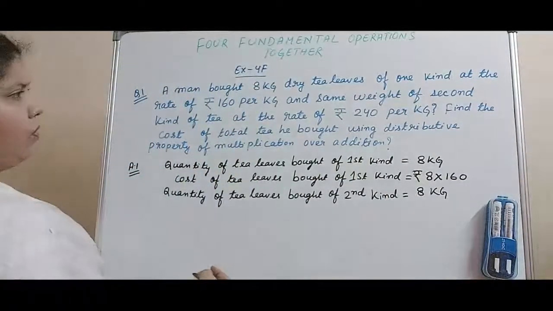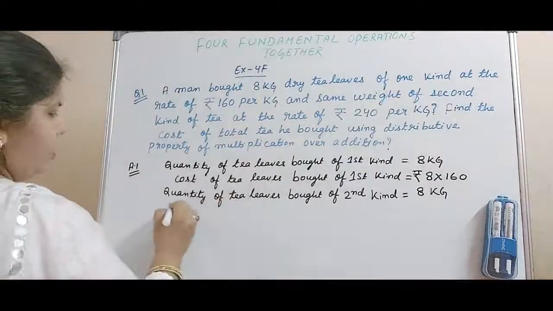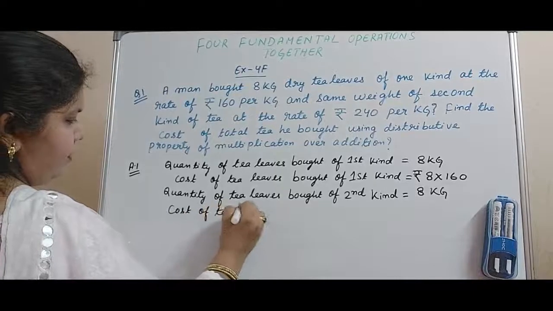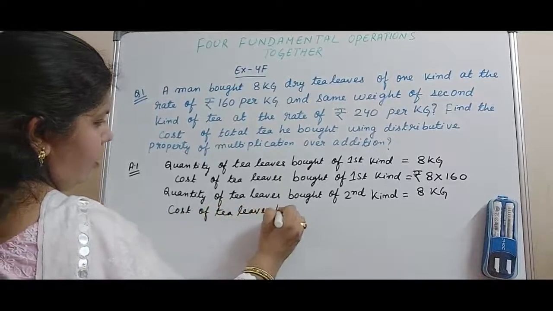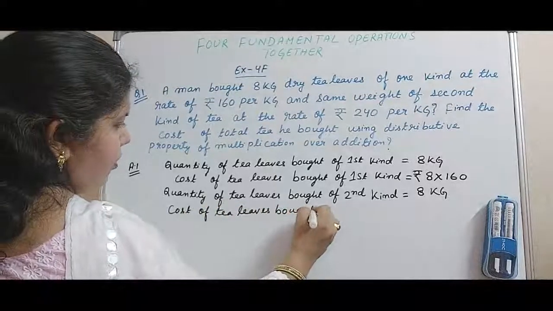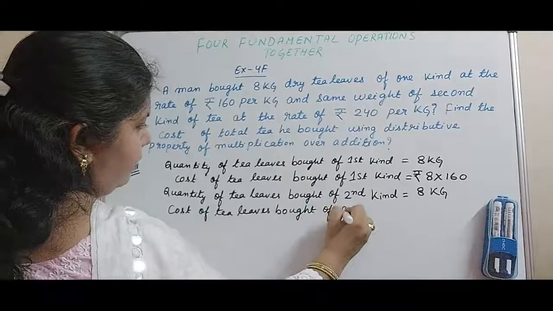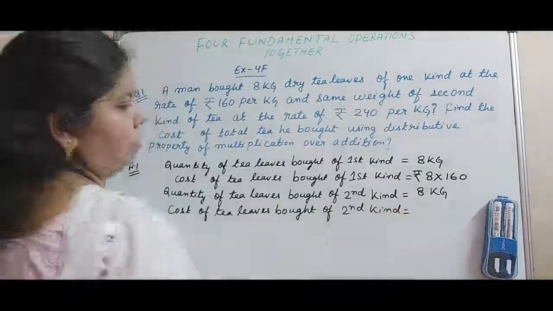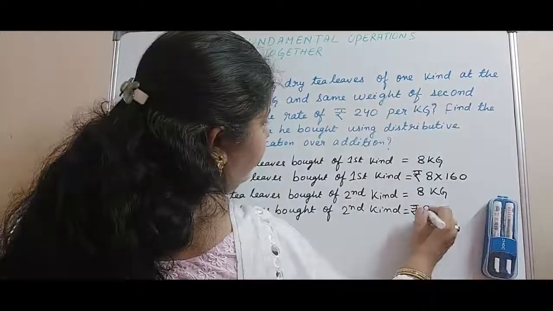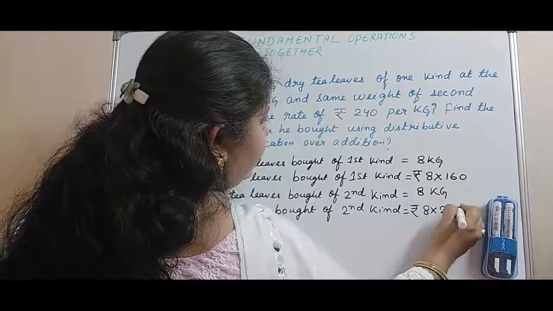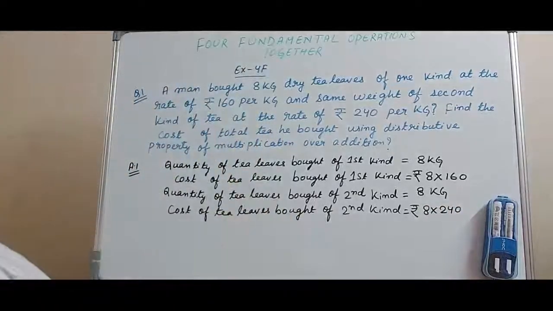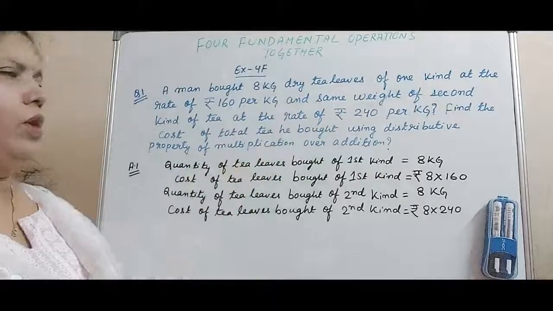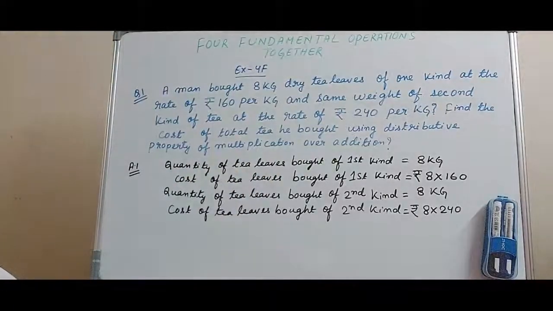Now we have to write down the cost of tea leaves bought of second kind equal to rupees 8 into 240, because per kg cost is rupees 240 for this second kind of tea leaves.